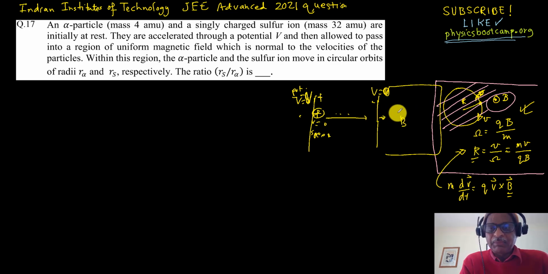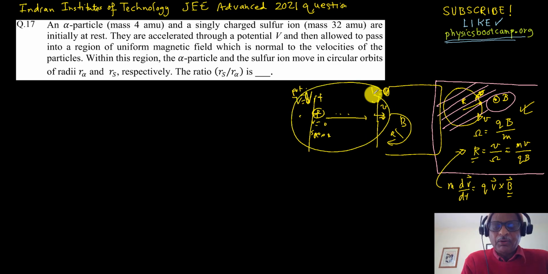So over here, if I go like this, it's going to come out like this with radius R, and there will be different radii for different particles depending on this formula, right? So what will the speed be? Well, over here it's energy conservation. If the charge is q and potential is V, then consider the energy at point 1 versus point 2.